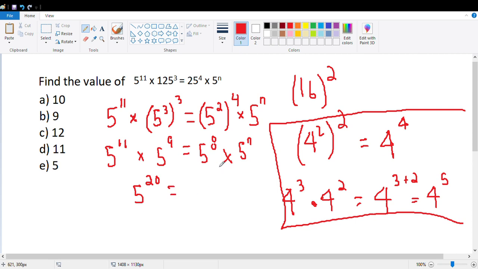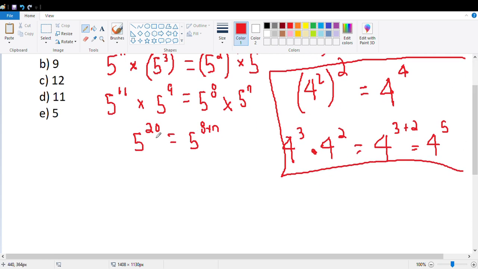Equals, again with 5 as the common base, we add the exponents: 5 to the 8 plus n. So what is the question asking? When will these two numbers on both sides be equal? 5 is already the common base, so I only need the exponents to be the same.